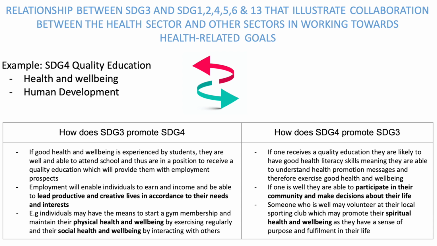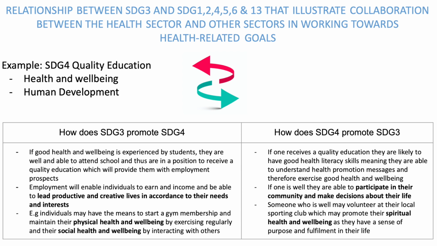So how does SDG 3 promote SDG 4? If good health and well-being is experienced by students, they are well and able to attend school and thus are in a position to receive a quality education which will provide them with employment prospects. Employment will enable individuals to earn an income and be able to lead productive and creative lives in accordance to their needs and interests.